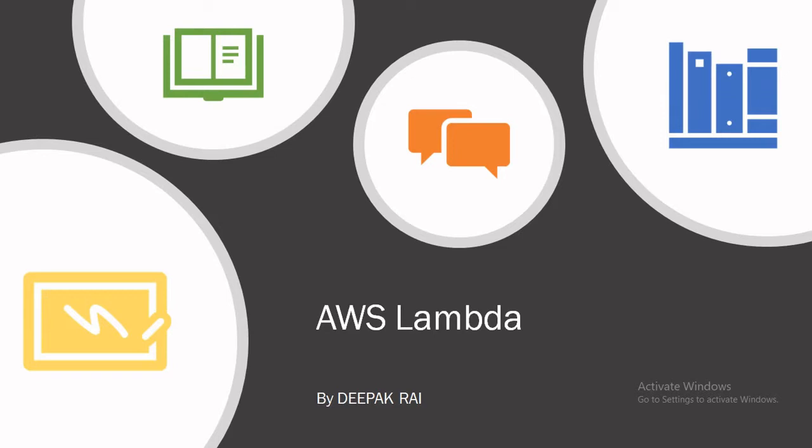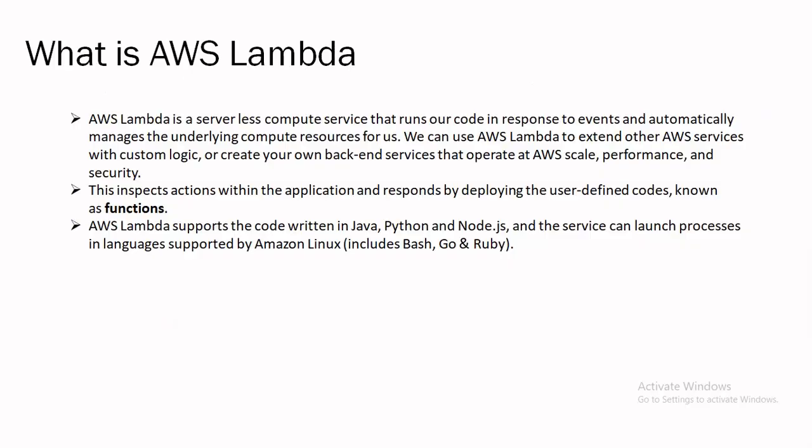AWS Lambda is a serverless compute service that runs our code in response to events and automatically manages the underlying compute resources for us. We can use AWS Lambda to extend other AWS services with custom logic or create our own backend services that operate at AWS scale, performance and security.